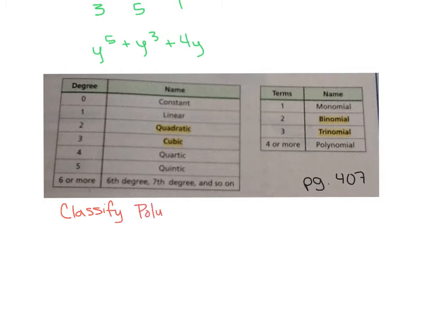We're going to classify polynomials, and when you classify a polynomial, they want it classified based on the degree and the number of terms. So if you're looking at a polynomial such as 5x minus 6, well, this has a degree of 1, this has a degree of 0, so it's a 1st degree.